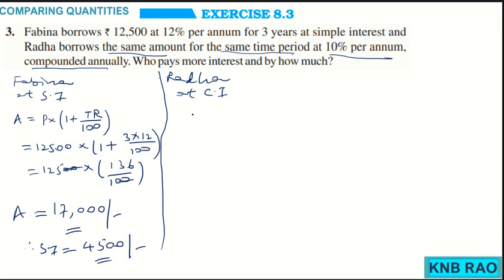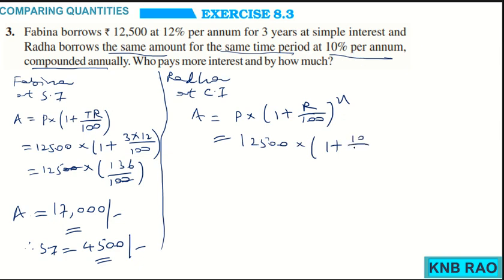In the case of compound interest, amount equals P into 1 plus R by 100 raised to the power n. Here compounded annually, so principal 12,500 is multiplied by 1 plus rate of interest 10%, so 10 by 100, raised to the power of time, 3 years, so 3 becomes n. So on simplification, 12,500 into 11 by 10 multiplied by itself 3 times because of cube.